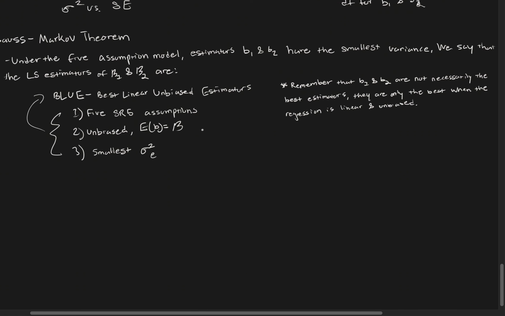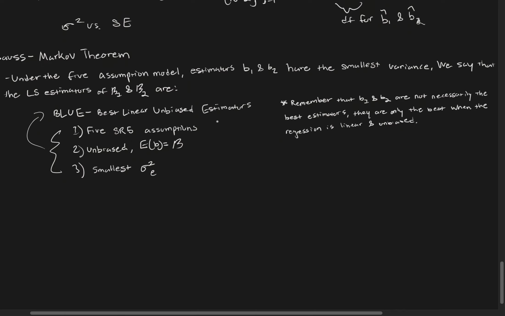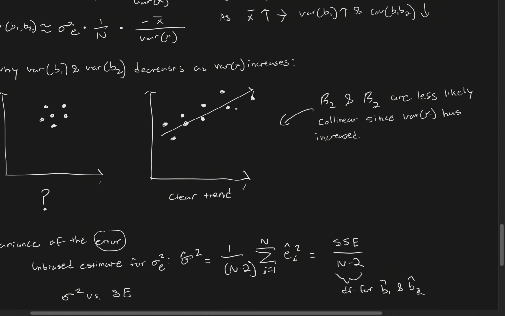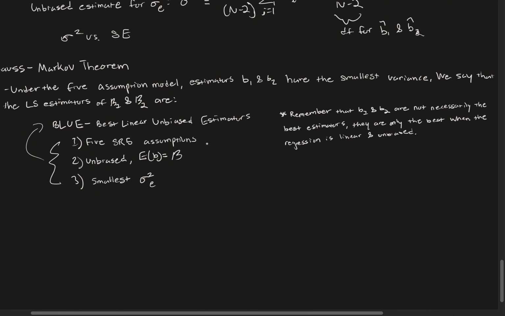And lastly, it's important to note that even though this is called the best linear unbiased estimator, the trend we make linearly won't always necessarily be the best trend or the best fitted line we estimate.